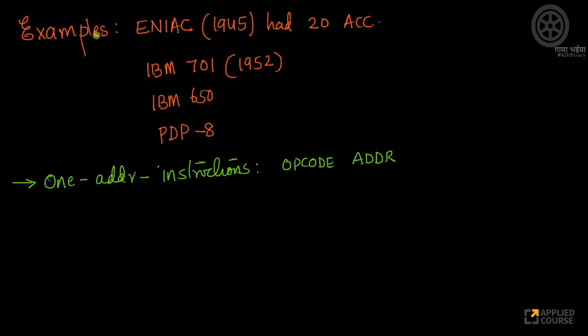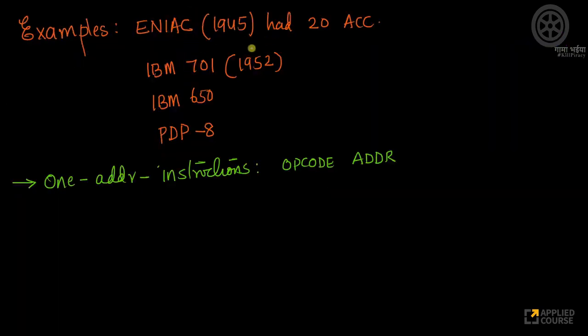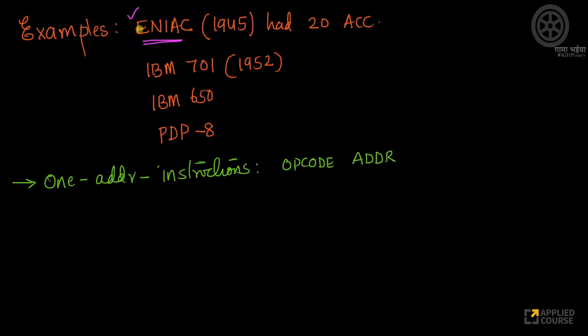Now there are a bunch of historic examples of CPUs which are accumulator CPUs. These are processors from the 40s and 50s. Every one of you must have heard of this computer called ENIAC, one of the first modern computers, right? The ENIAC was a sort of accumulator CPU. ENIAC was built almost at the end of Second World War.